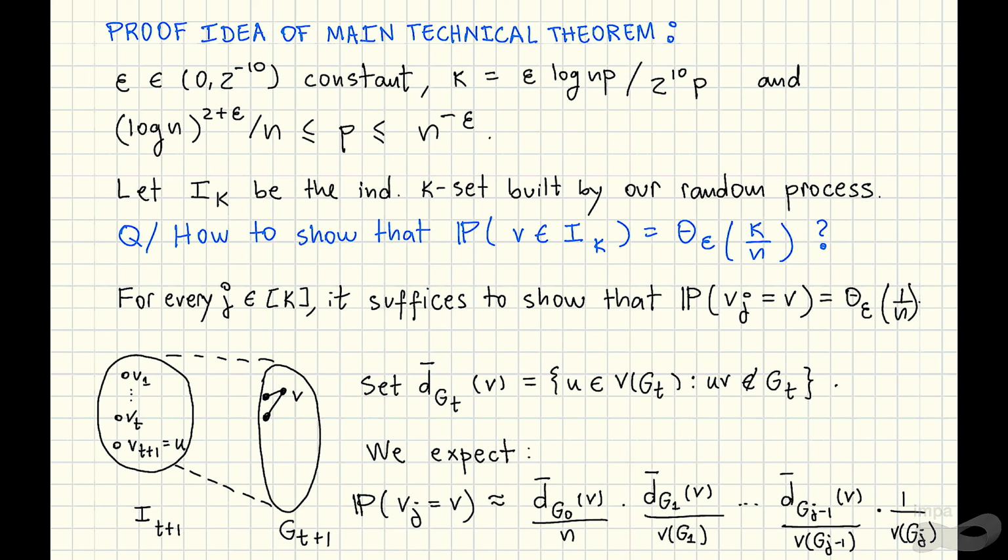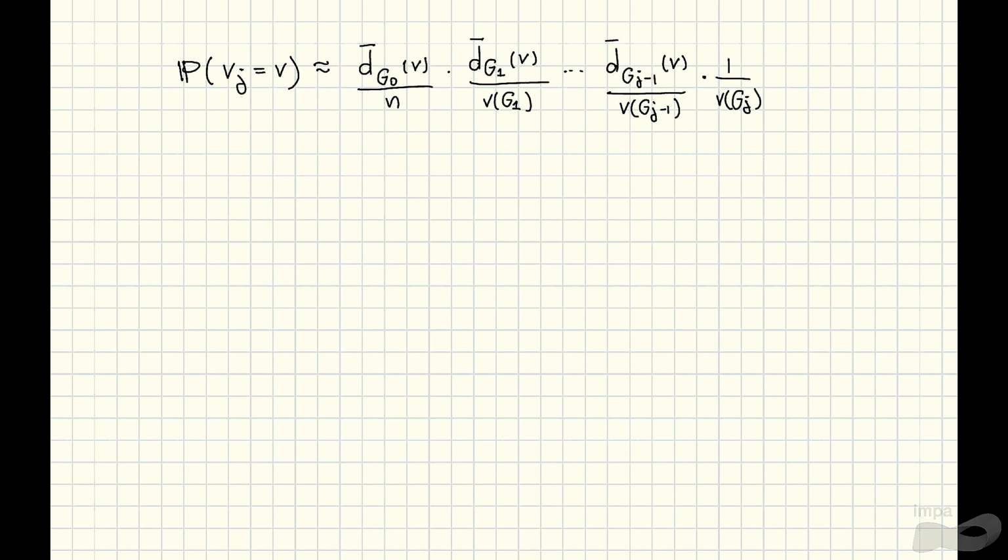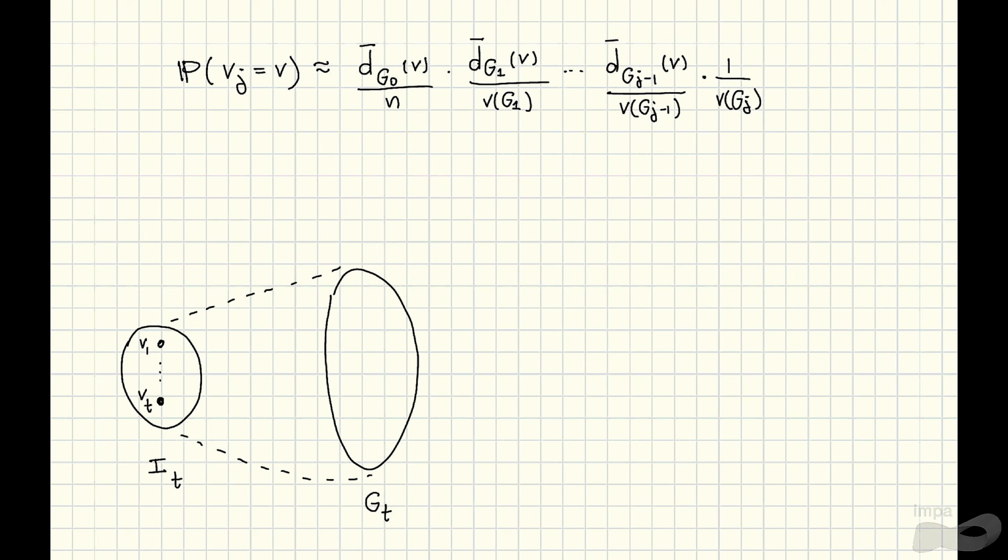Okay, so to understand what this expression is equal to, we need to understand how these degrees develop along the process, right? So what do we expect to be the degree of v in the active graph GT, say? So you select, say, t vertices so far, and then you have this active graph GT.